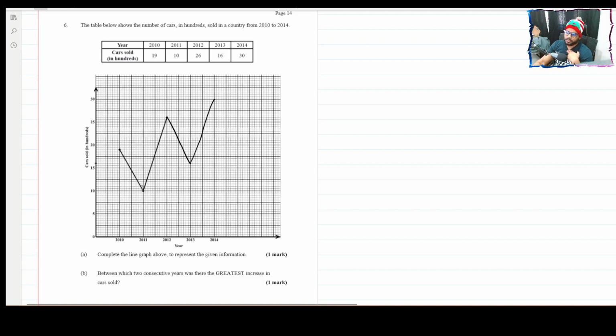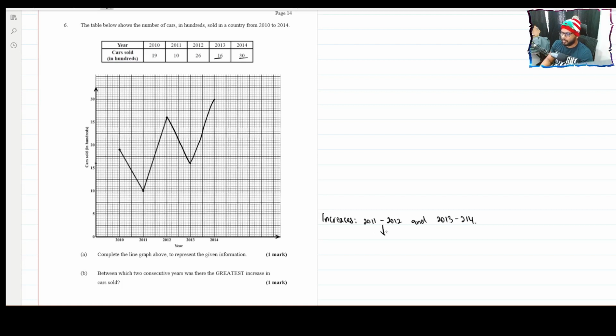The increases were from 2011 to 2012 and from 2013 to 2014.